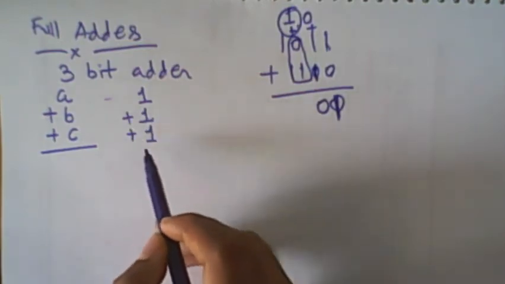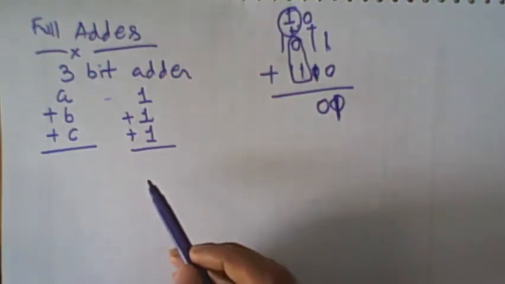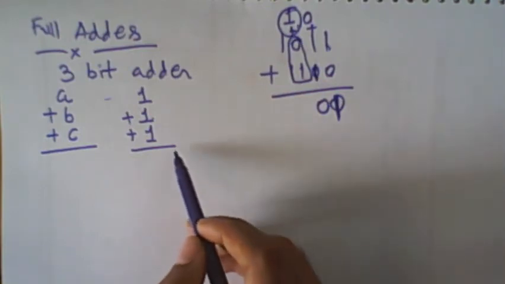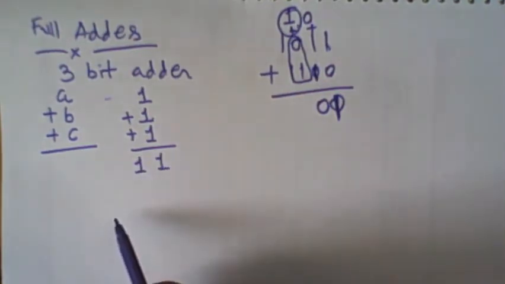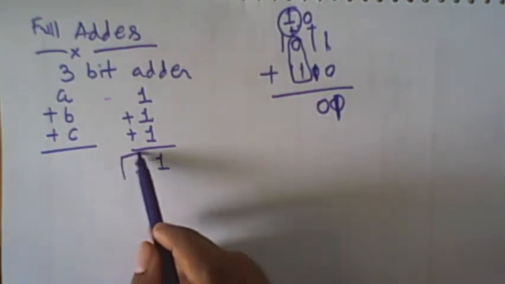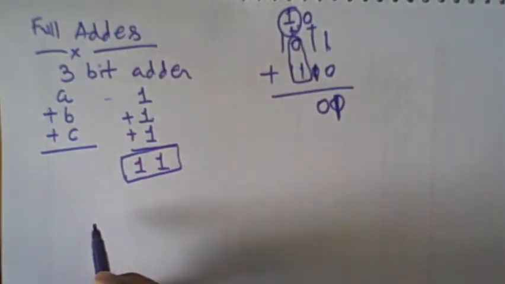If we add these 3 bits, 1 plus 1 plus 1 equals 3, and 3 can be represented in binary as 1 1. So we require 2 output variables.